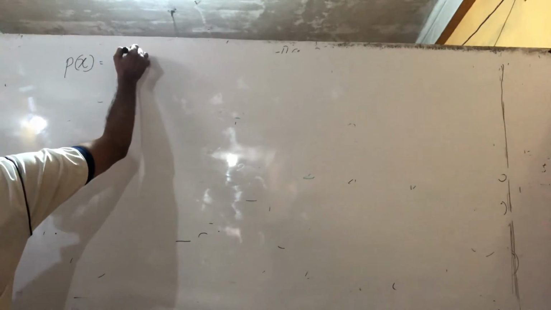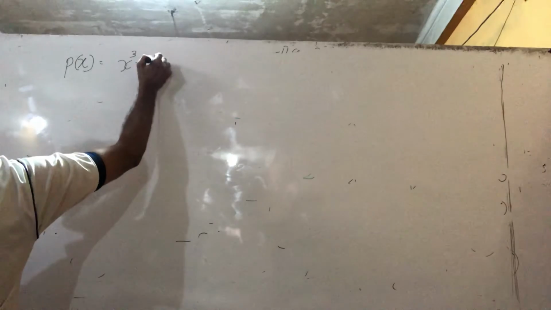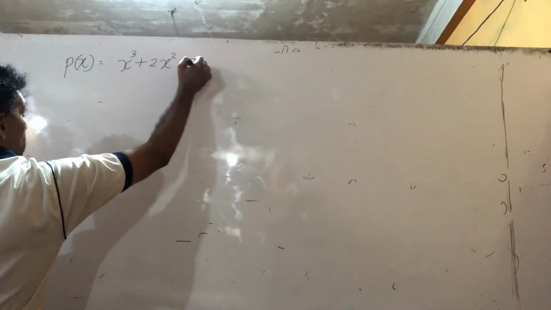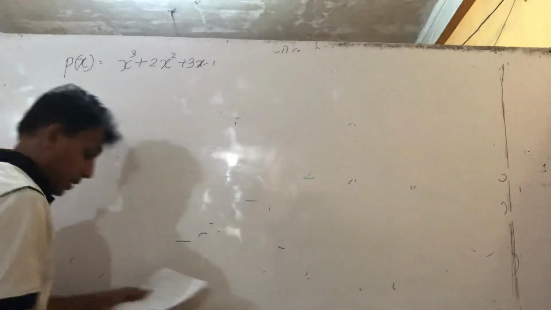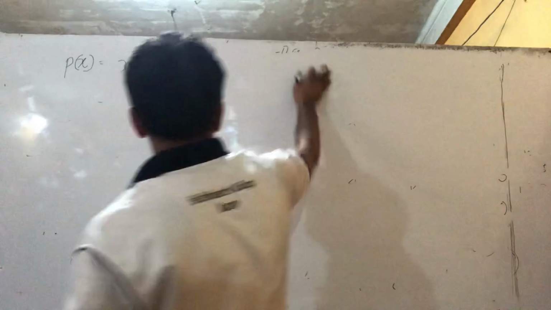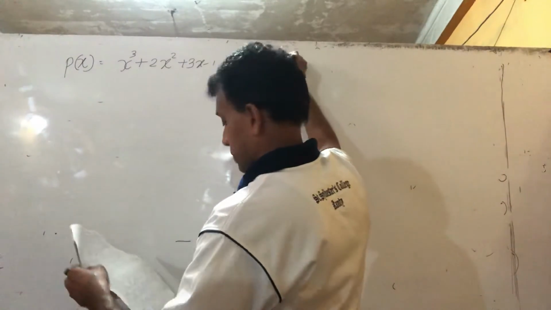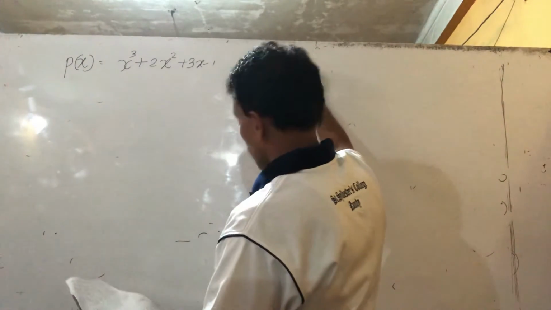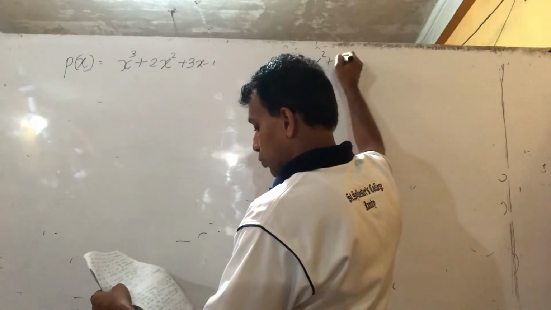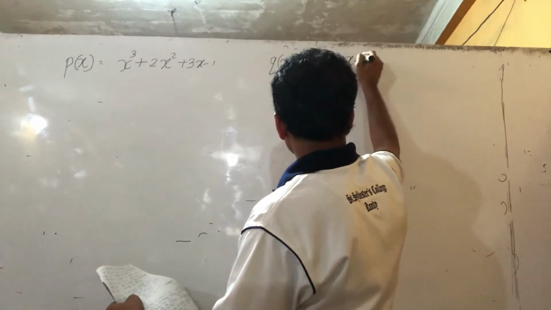P(x) equals x cubed plus 2x squared plus 3x minus 1, okay? And another one, Q(x). They have given two polynomials, P(x) and Q(x). What is Q(x) equal to? Check there: x squared plus 3x plus 6.